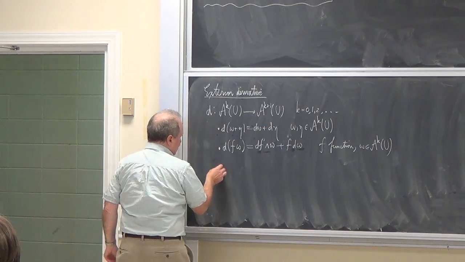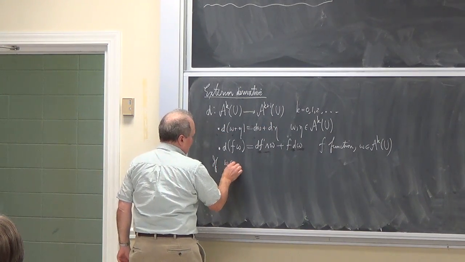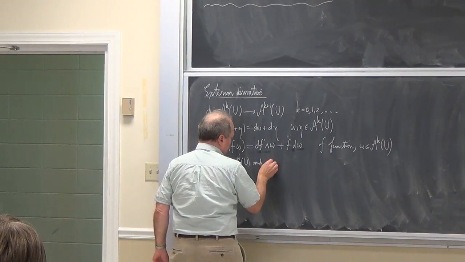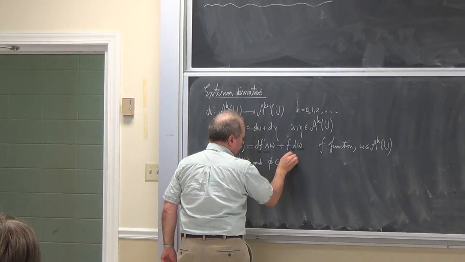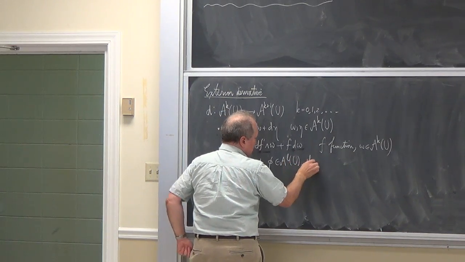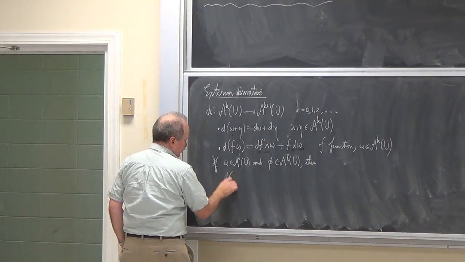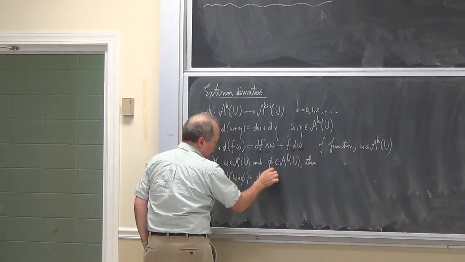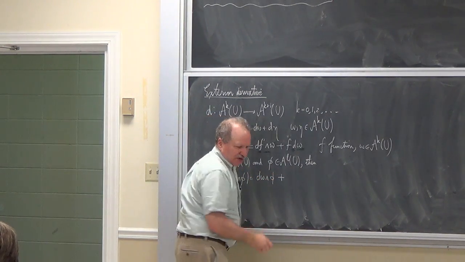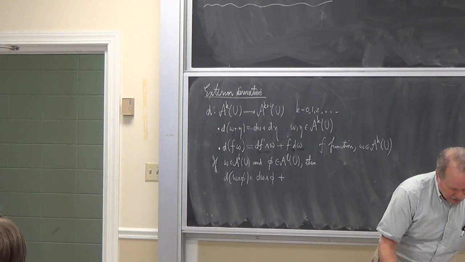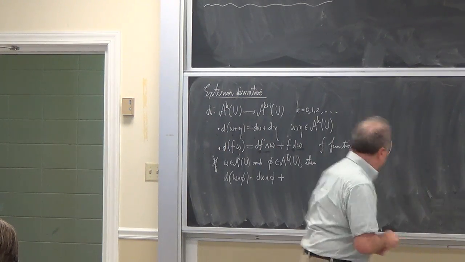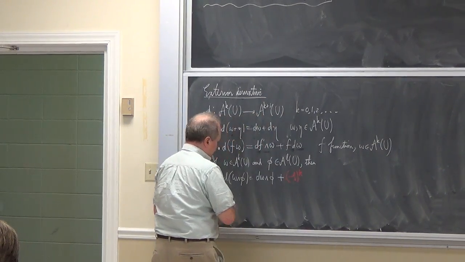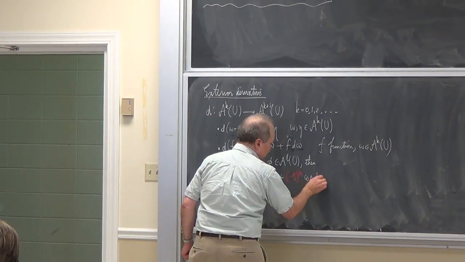And more generally, if omega is a k form, and phi is an L form, then you can say that the derivative of omega wedge phi is d omega wedge phi, plus there's this funny minus sign that shows up that you need to be careful about, omega wedge d phi.